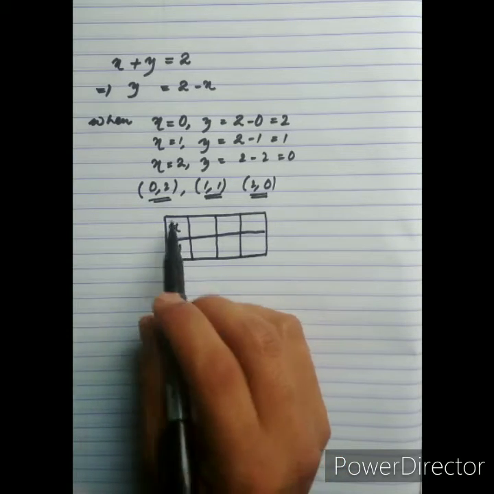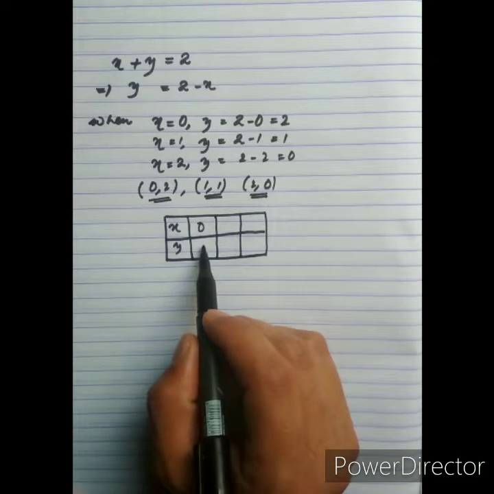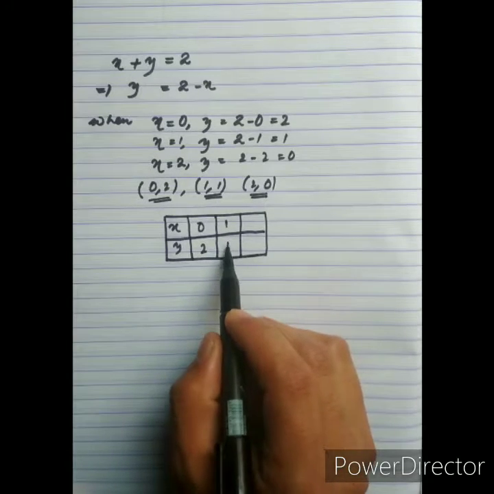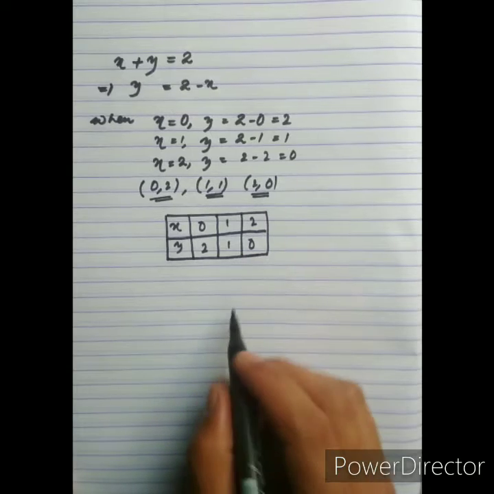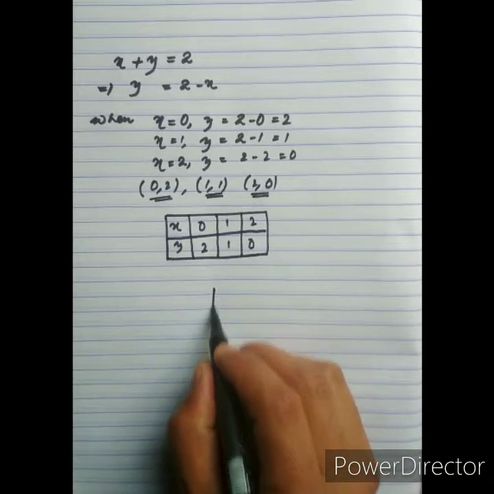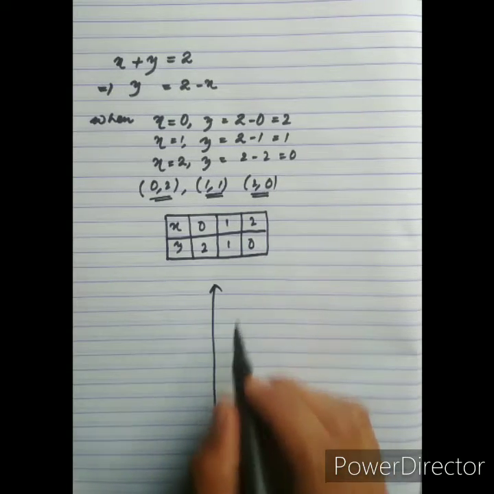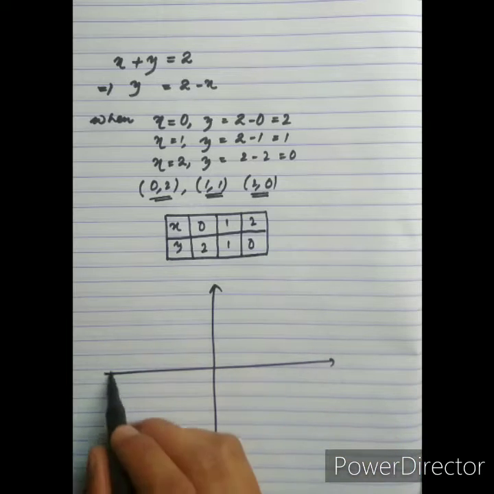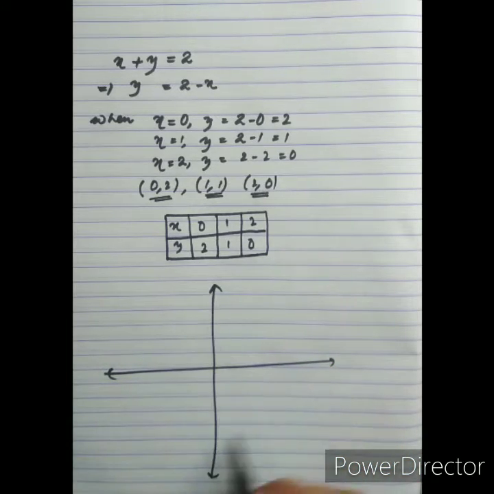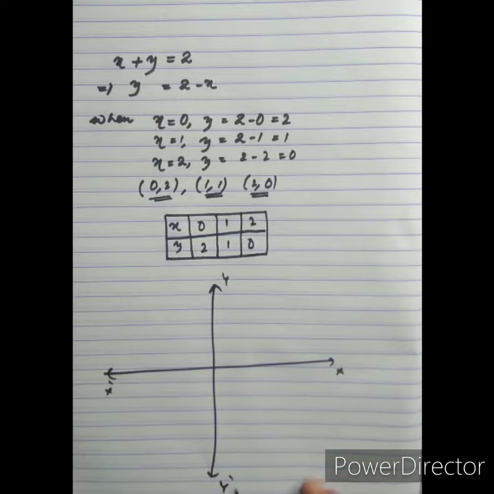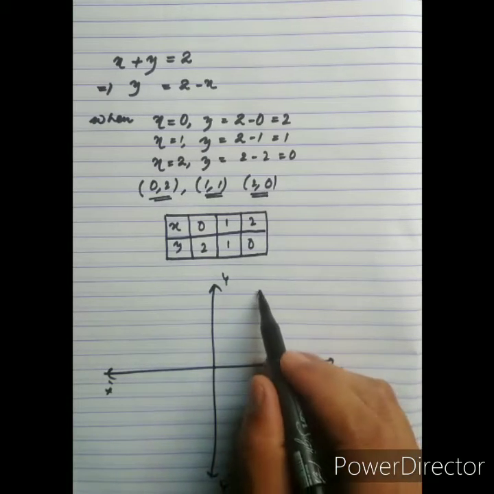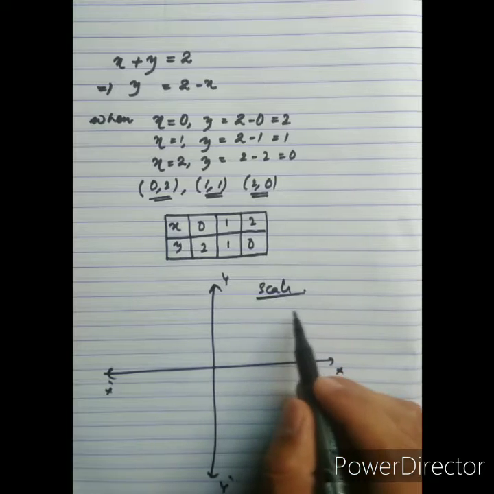X, y, x 0, y 2, x 1, y 1, x 2, y 0. So on your graph paper, let me just draw here roughly as of now. This is the x-axis and this is the y-axis. X this, y this, and this origin and scale we'll write here.